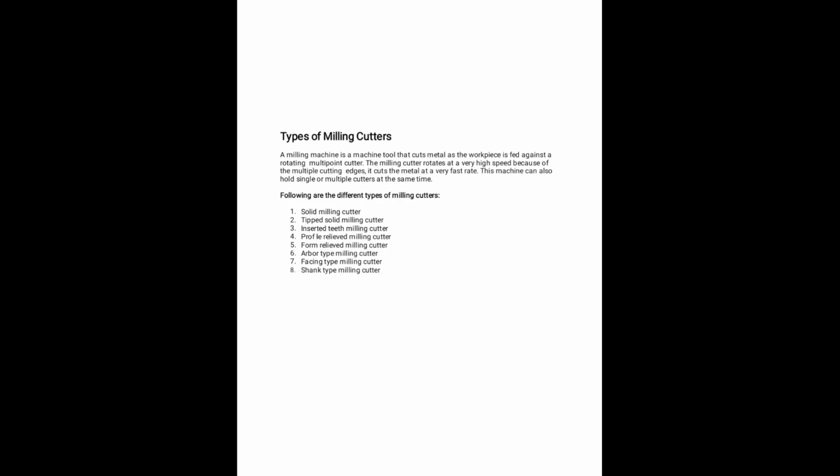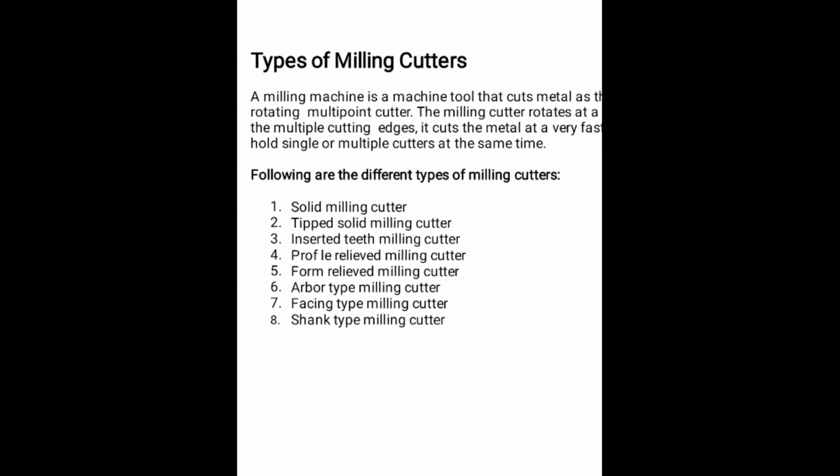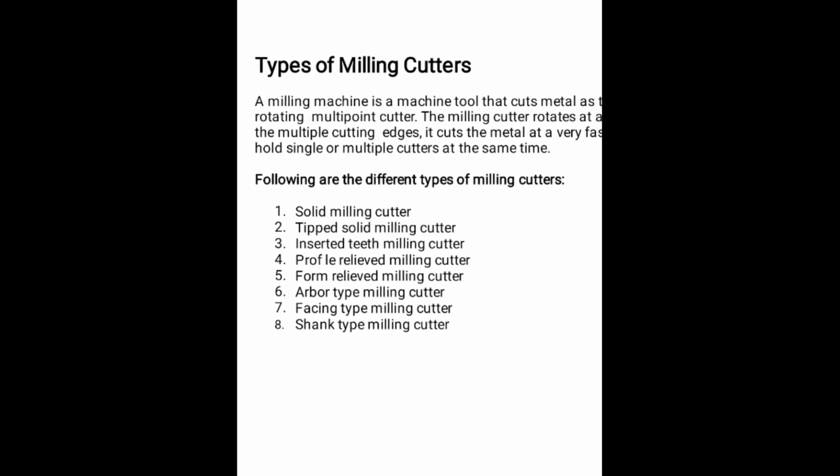The different types of milling cutters are: solid milling cutter, tipped solid milling cutter, inset tooth milling cutter, profile relieved milling cutter, form relieved milling cutter, arbor type milling cutter, facing type milling cutter, and shank type milling cutter.